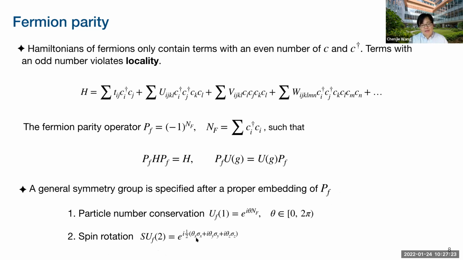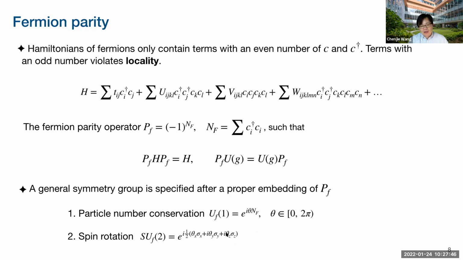You can also consider spin rotation, SU(2)F, the usual spin rotation. You have the Pauli matrices, sigma x, sigma y, sigma z. Because it is spin 1/2, you have a 1/2 here, and the fermion parity is also embedded as the z component of the spin rotation, when theta equals 2 pi instead of pi, because of this 1/2.